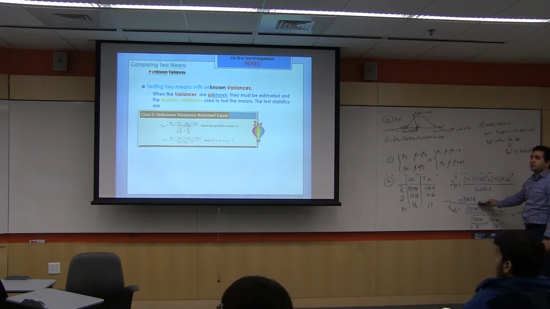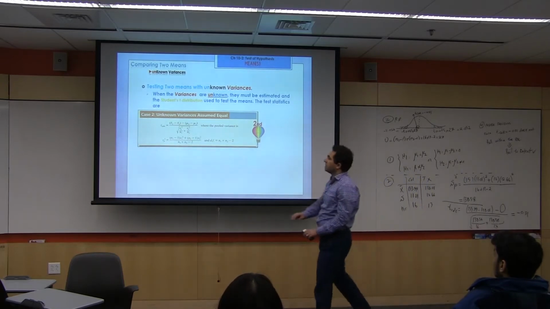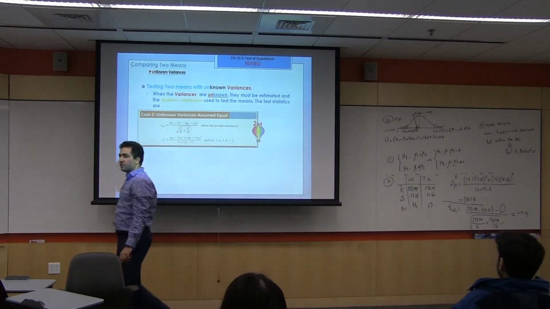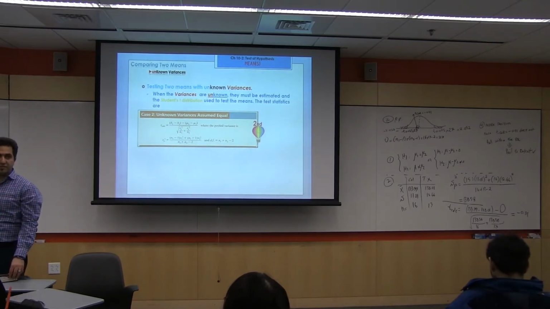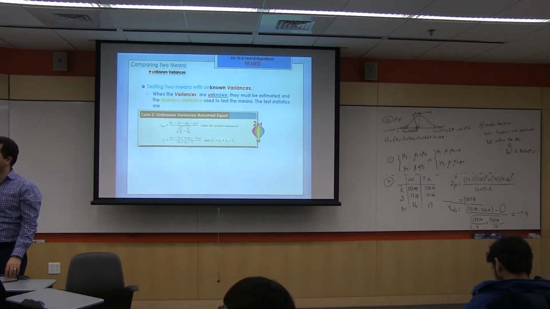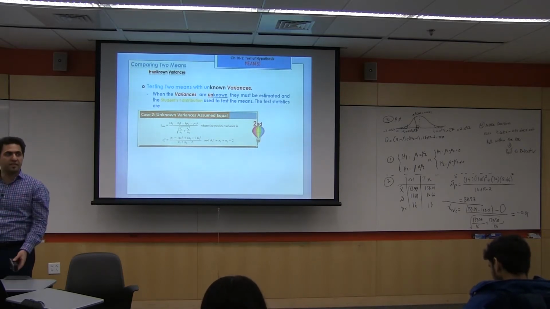Okay, I know it's Sp, but why use Sp? Because the formula is saying using Sp, and it's a pooled variance. We just want to put the weight on sample variances based on the sample size. It's the kind of weighted average of variances based on your sample size.